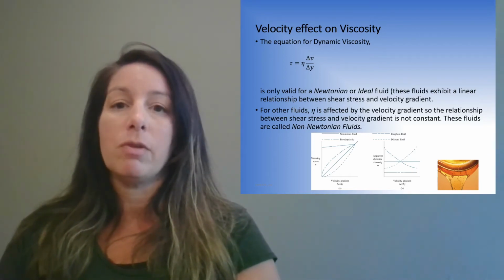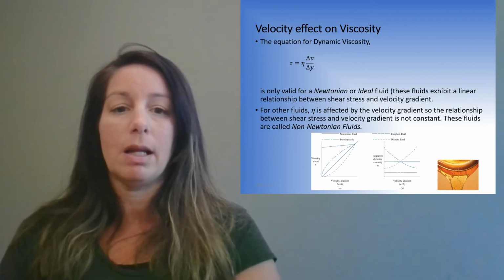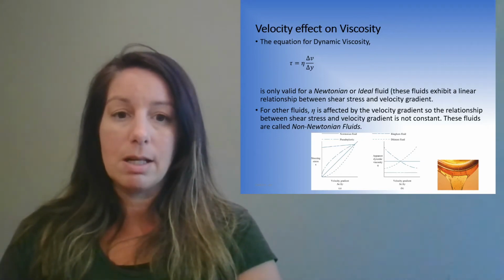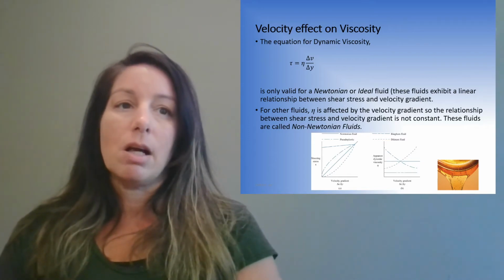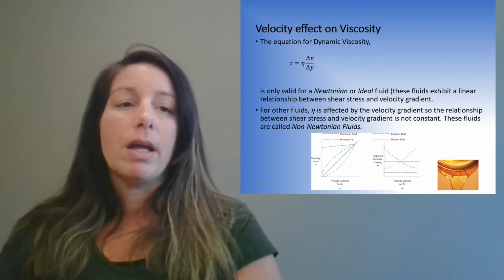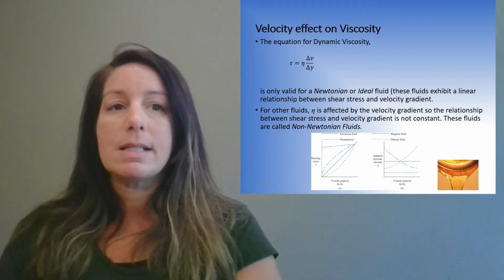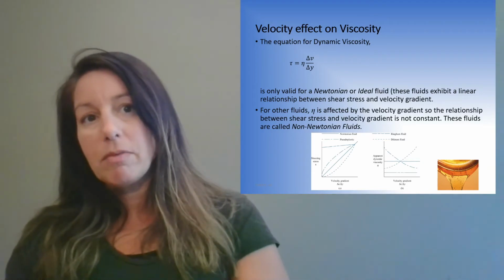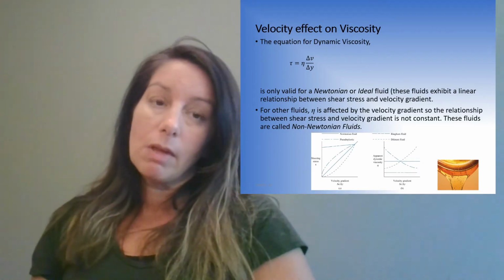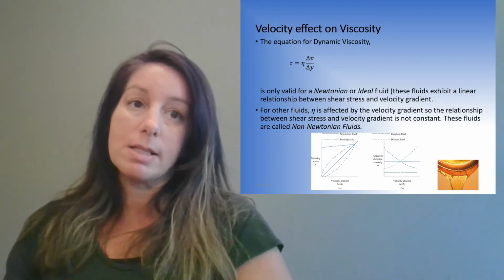For a Newtonian fluid, remember, it's just a nice happy little line. It's a linear relationship between the shear stress and the velocity gradient. There are also these others. We'll start at the top, that Bingham fluid. You can see it's still a line, but it's a lot steeper of a gradient. It takes a lot for that shear stress to get it going, to get to the same velocity gradient.